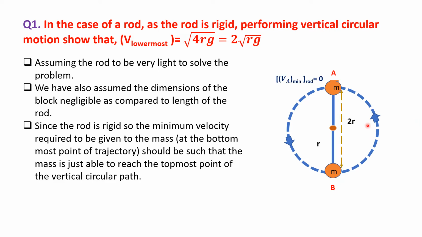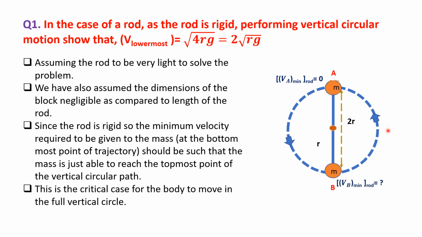So we know that in the case of a rod, when the rod reaches the topmost position, the velocity at this point is 0. So this is the critical case of a body to move in a full vertical circle.